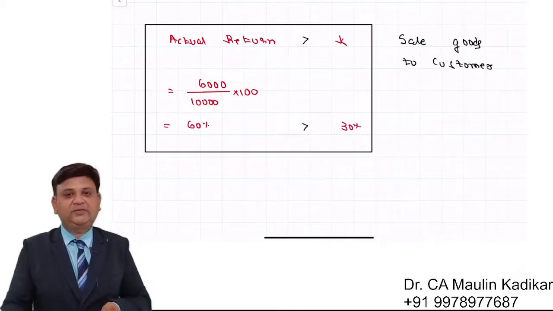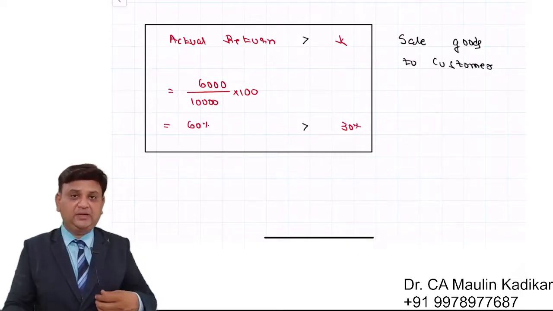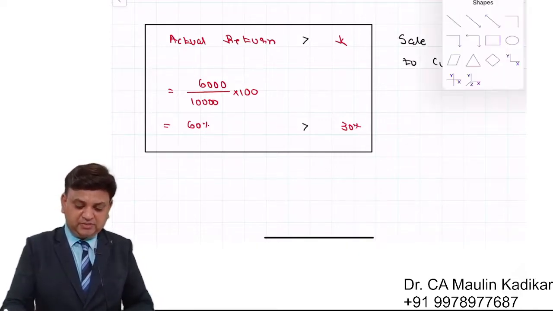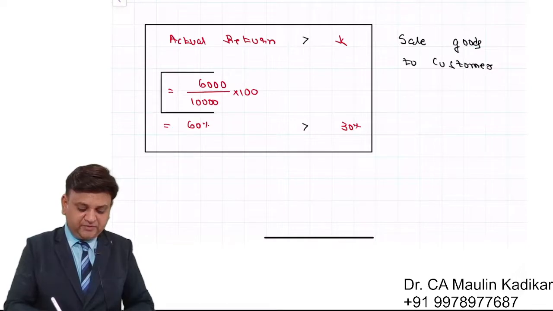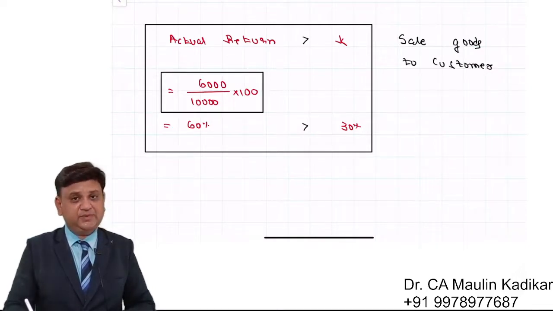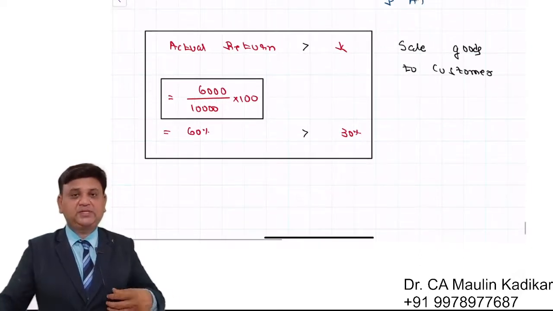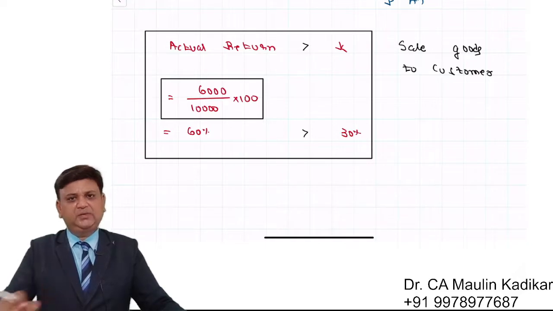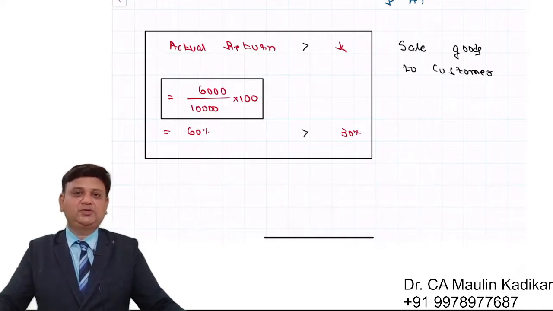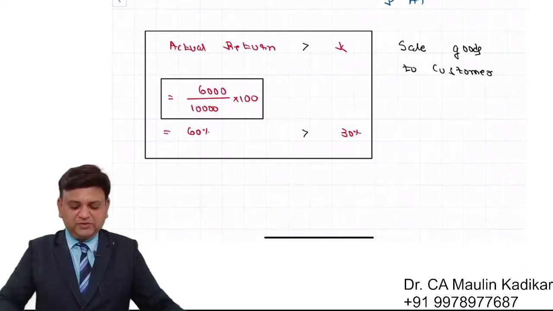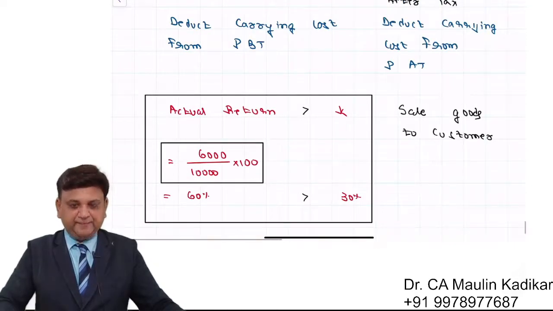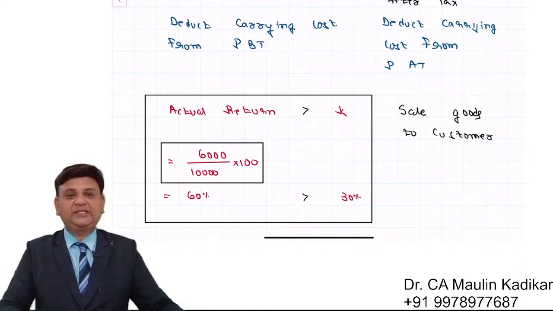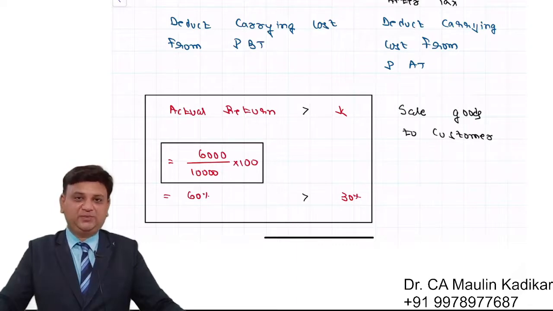You compute the return you are able to get on selling goods to the customer. It is profit upon investment into 100, that is 60%, which is more than 30% required rate of return of the investor, that is the company. So we should sell goods to the customer. So just for understanding. Now I want you to tell me the answer for the second part of the question in the chat box.